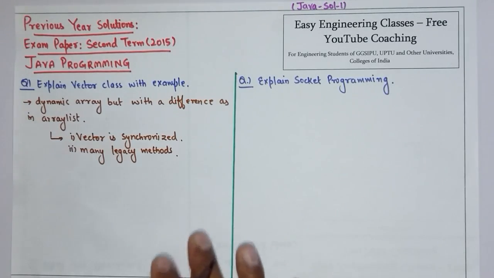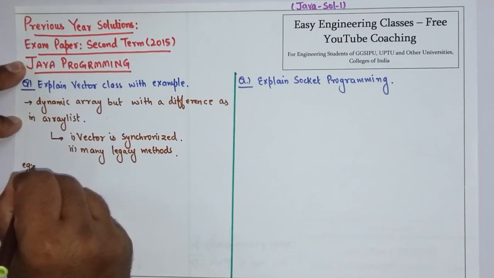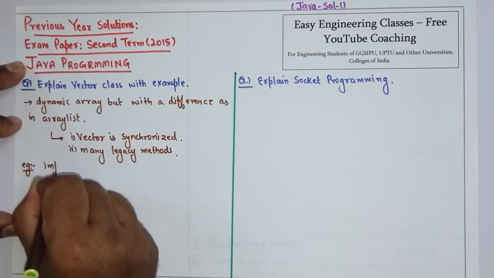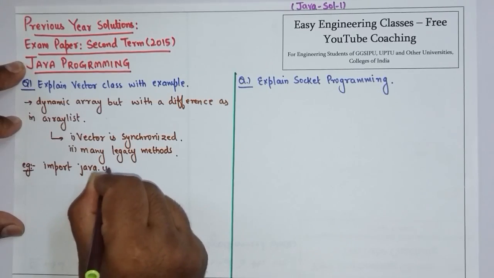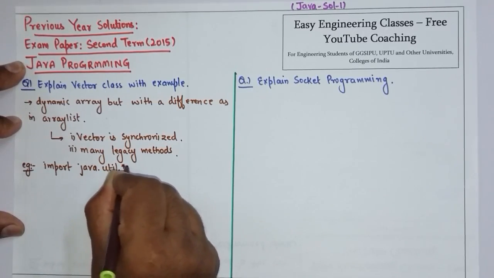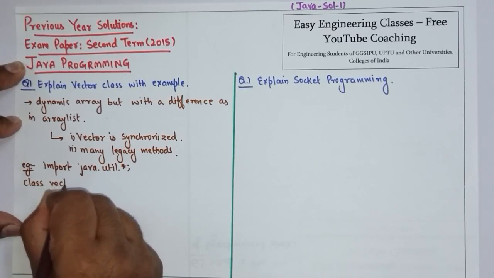To implement a vector class, you have to import java.util package. So I am writing the example here. Import java.util package. Create vector class. Suppose vector1.